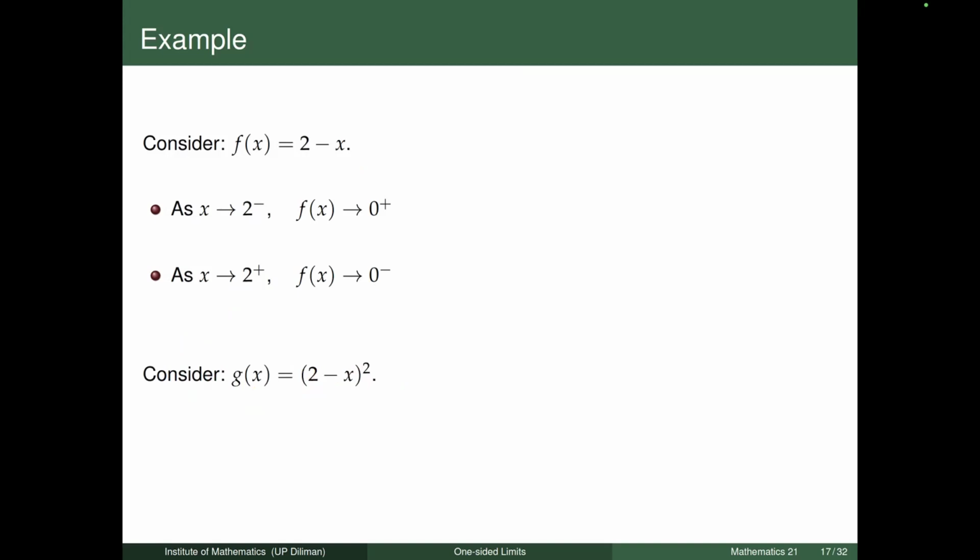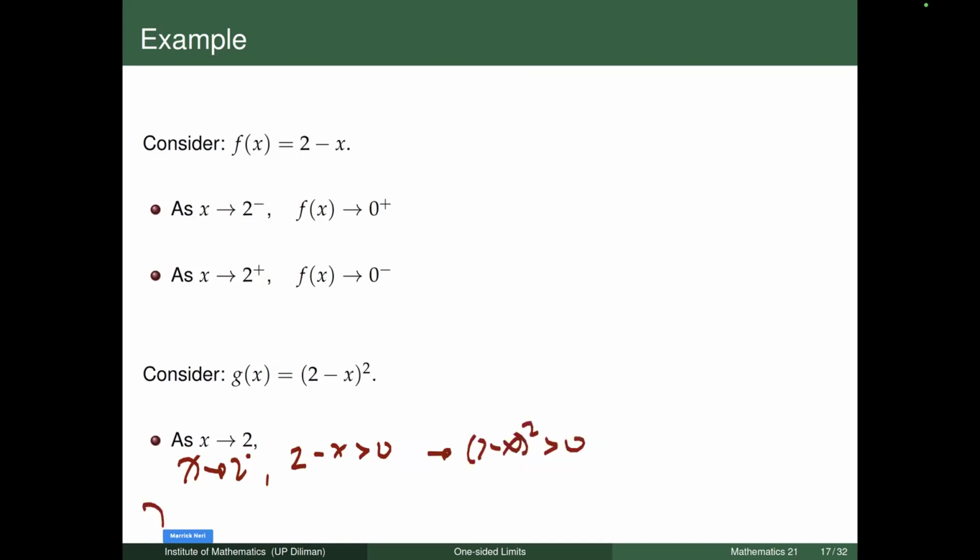Now consider g of x. Take note that as x approaches 2, either from the left or from the right, it really doesn't matter, no? Kasi if x is approaching 2 from the left, ang sabi natin kanina, 2 minus x will be greater than 0, but the square will be greater than 0.